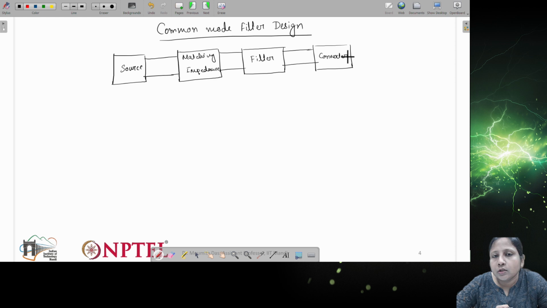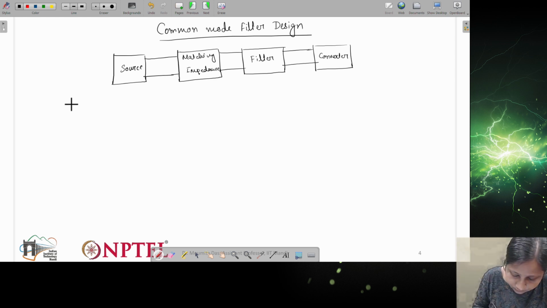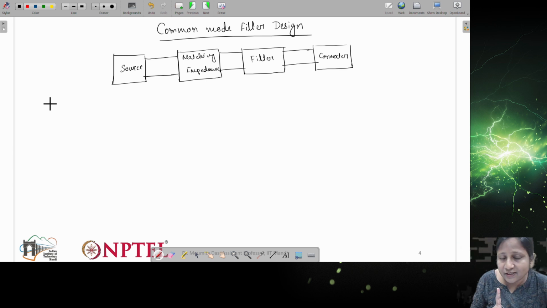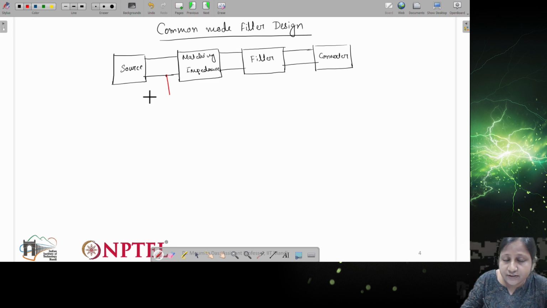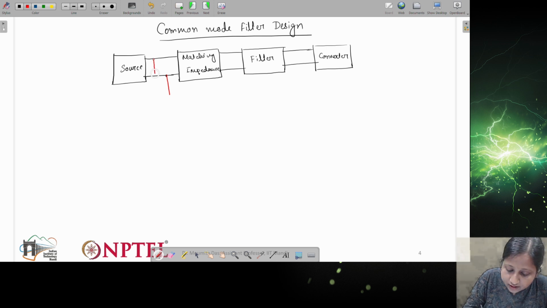Right. So if we have to consider this common mode filter, it basically requires two identical filters. The noise which is coming will be in both the lines, meaning in the line connected to the negative point of the DC source and also the positive point of the DC source.